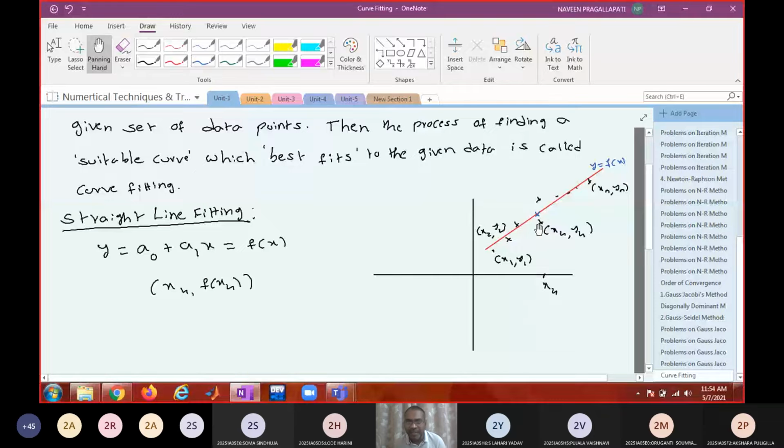So there is a deviation between f of x4 and y4. Do you agree? These two are slightly different. The difference between these two is the error. If the error is less, then these two points will be close. As the error tends to 0, these two points are going to coincide. Am I right?